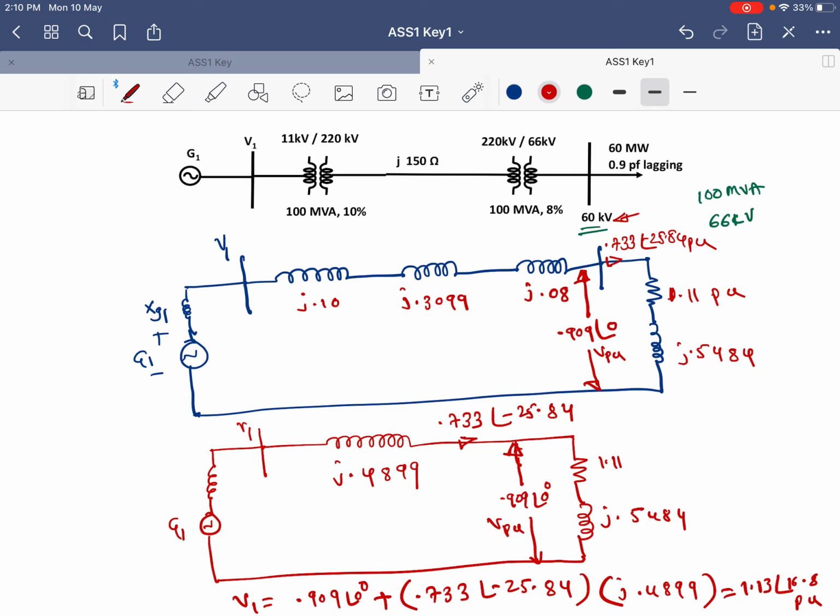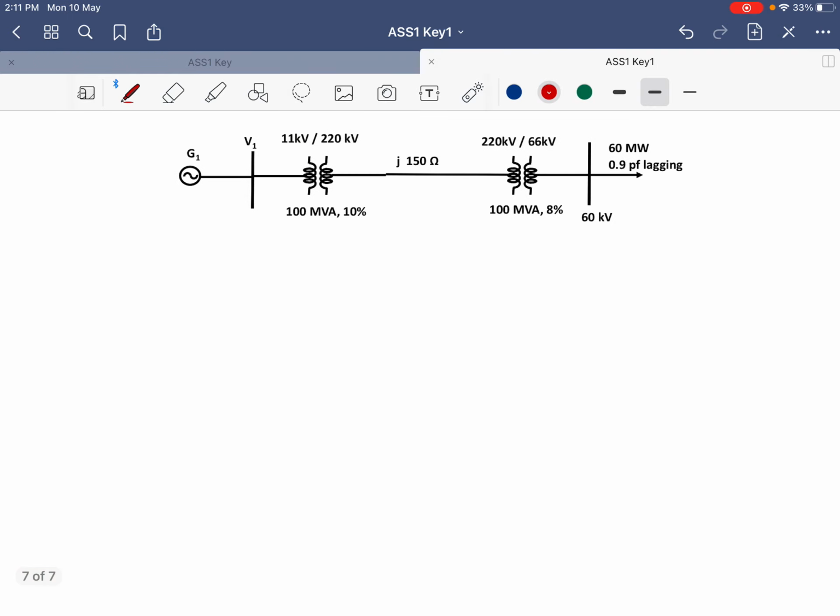Just moving to the next slide. The V1 you get is 1.13 at an angle of 16.873 per unit.